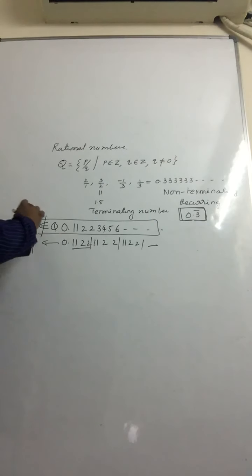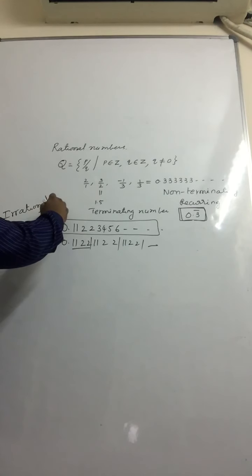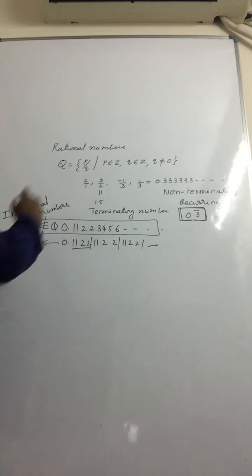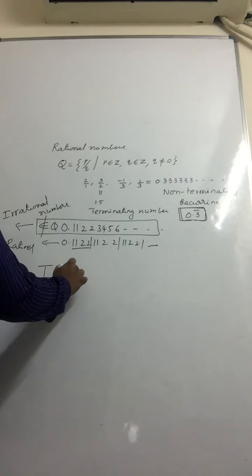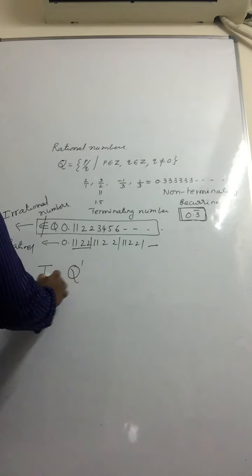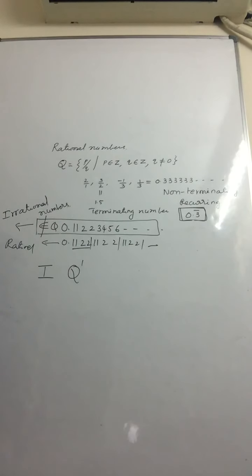Such numbers are known as irrational numbers. Irrational means neither terminating nor recurring. Some books denote them with I for irrational, some books with Q complement.